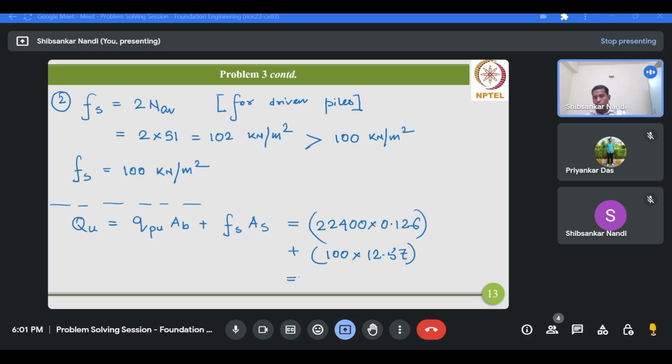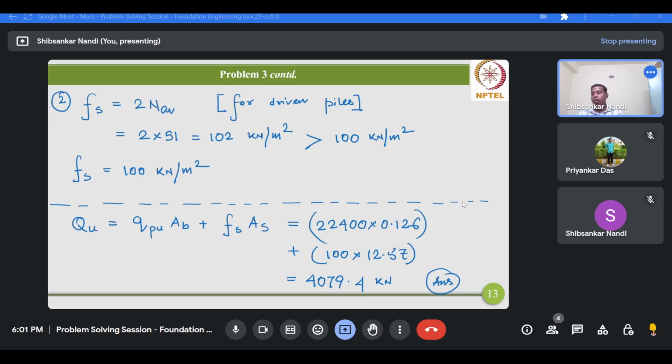So this is 4079.4. This is an example through which we have seen how to utilize the SPT test data to calculate the ultimate load carrying capacity of a given pile.